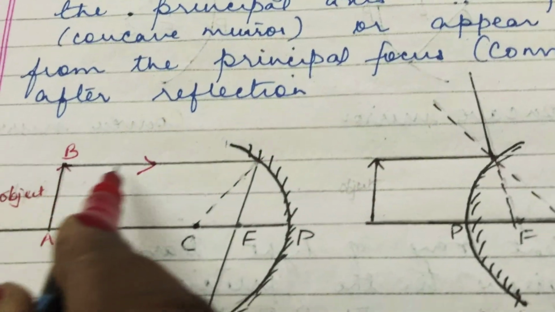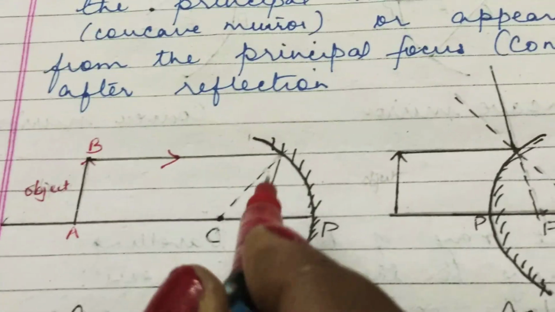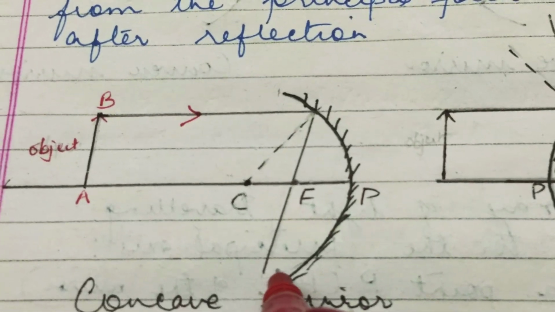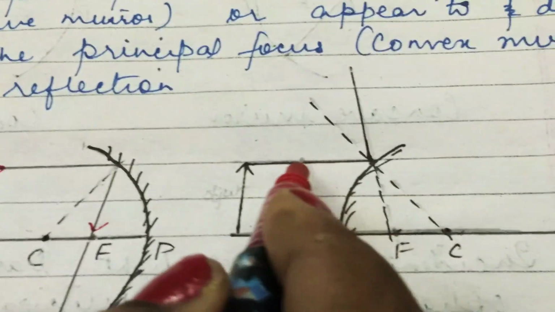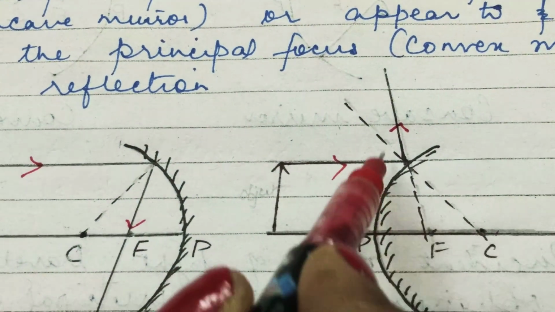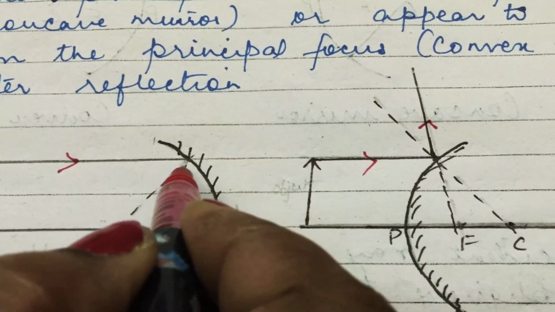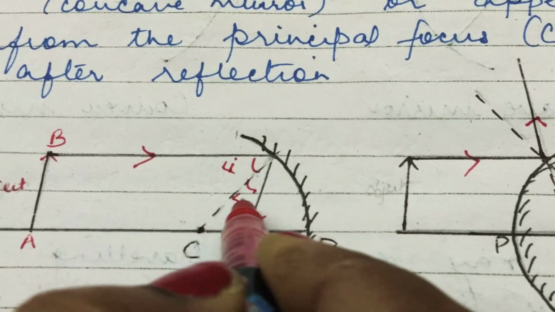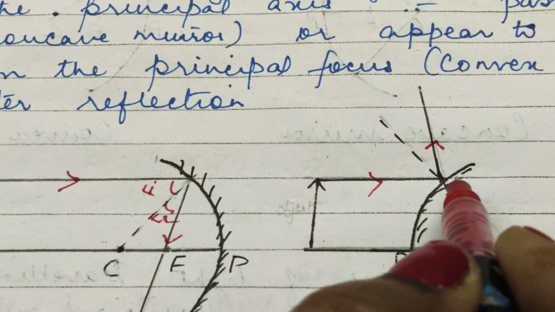Now when the incident ray of light is parallel to the principal axis, in case of a concave mirror, it passes through the principal focus after reflection, whereas in case of a convex mirror, it appears to diverge from the principal focus after reflection. Now this is the center of curvature. So this is angle I and this is angle R. Similarly, this is angle I and this is angle R.